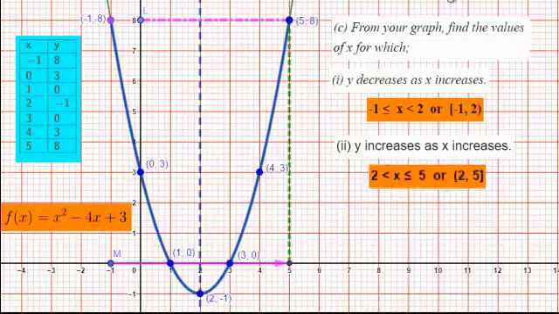So this would be our answer. In the inequality form, our answer would be x is greater than 2 and less than or equal to 5. Or in the interval notation form, it will be bracket open 2, 5, bracket close.